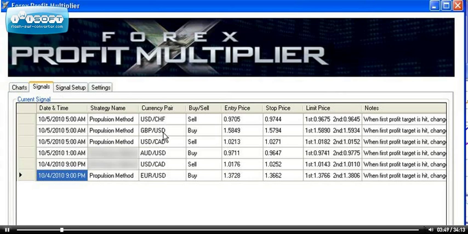Here's the Swiss franc, here's the British pound, and here's the Canadian dollar. These are all propulsion method setups. Here are the entry prices, the stop prices, the initial profit target for a 1/2 position, and the second profit target for the second half position.